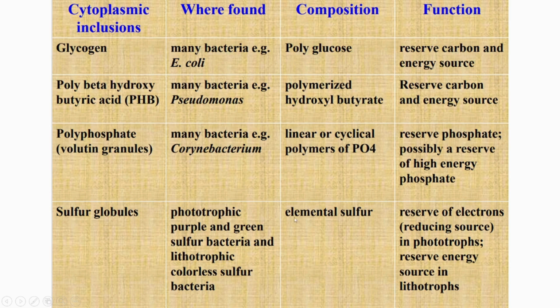Sulfur globules are especially found in specialized bacteria such as phototrophic bacteria, sulfur bacteria, etc. They reserve the electrons so that they can be utilized during the photosynthesis reaction.